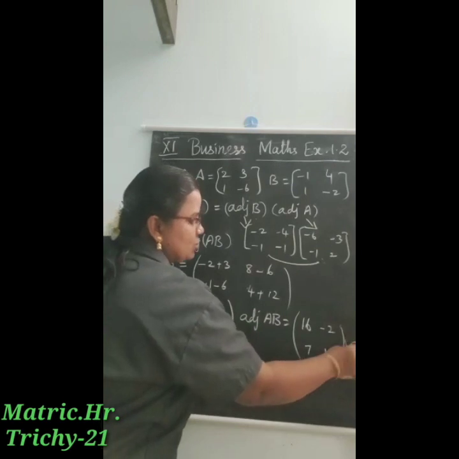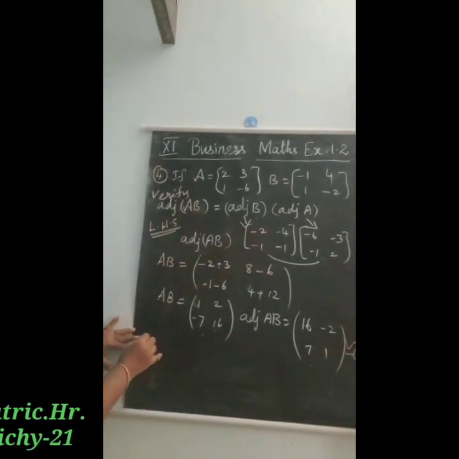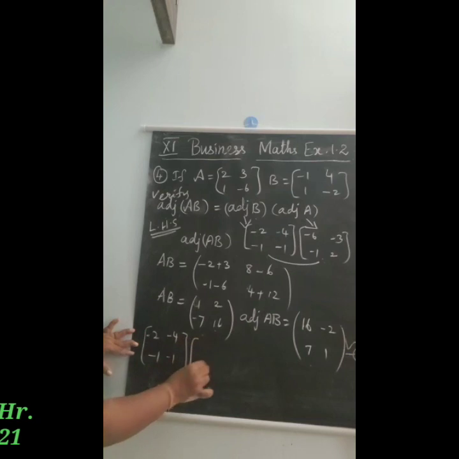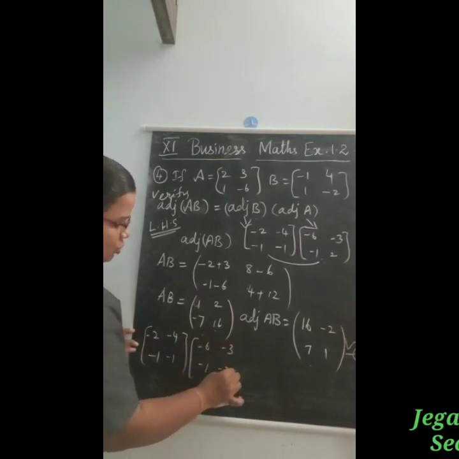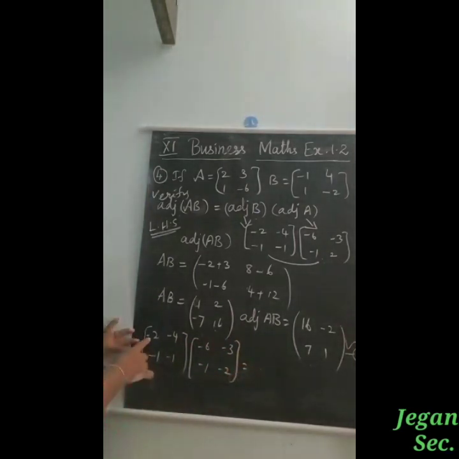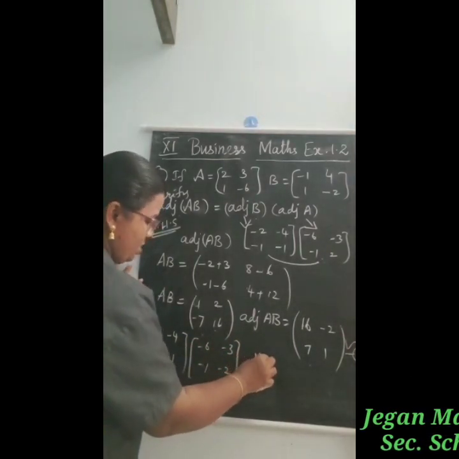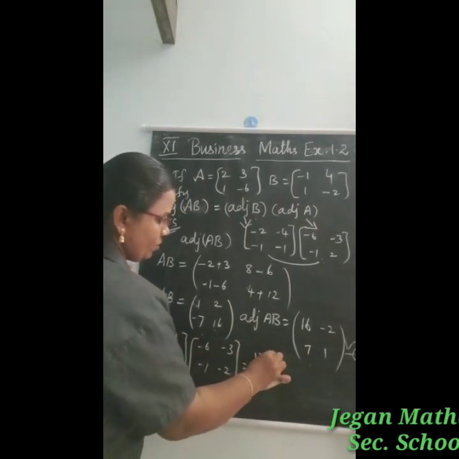So this is the first one, means we have to multiply these two. So that is minus 2 minus 4, minus 1 minus 1, minus 6 minus 3, minus 1 minus 2. So that is equal to minus 2 into minus 6, plus 12, here plus 4.